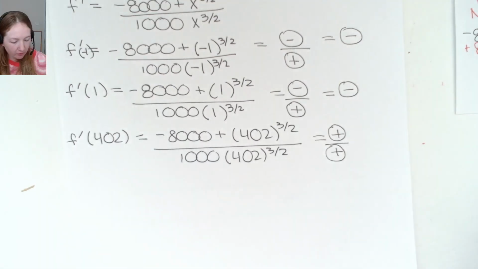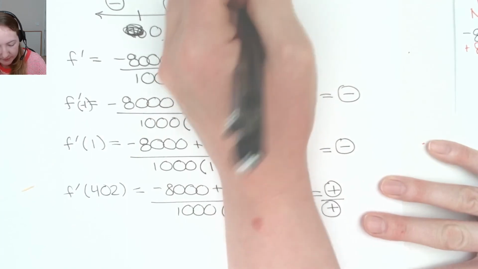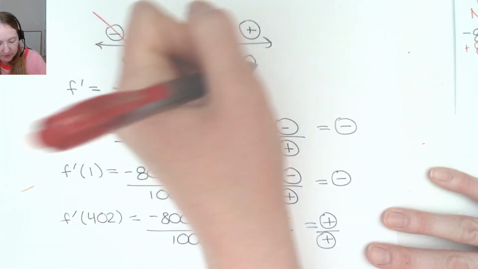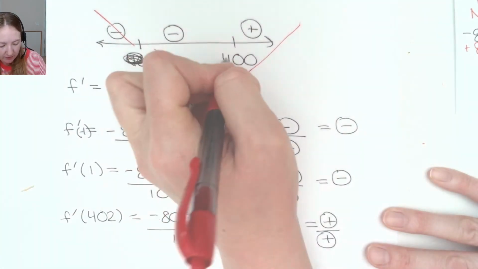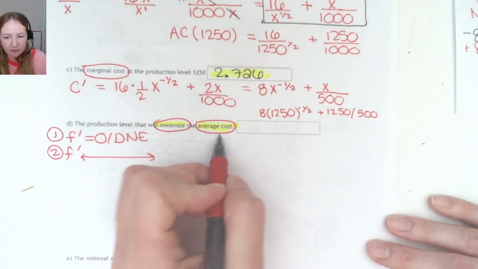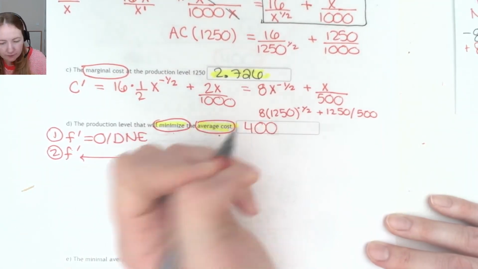So we have a positive over a positive, so we get a positive overall. So we get a decreasing, decreasing, and then increasing, and so that tells us that 400 is our critical number that will minimize the production level. So our answer here for minimizing average cost is 400.